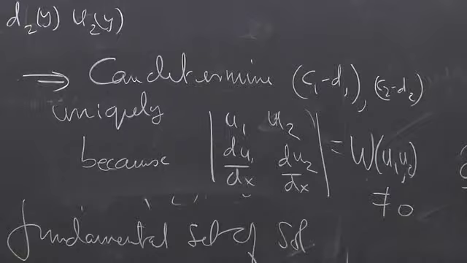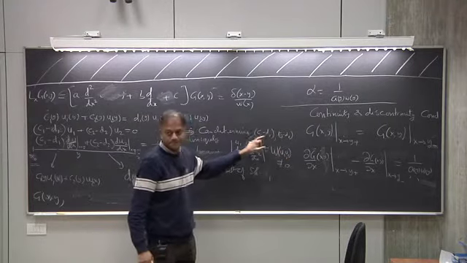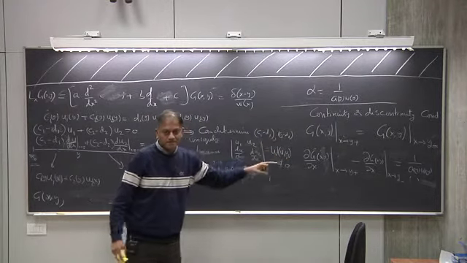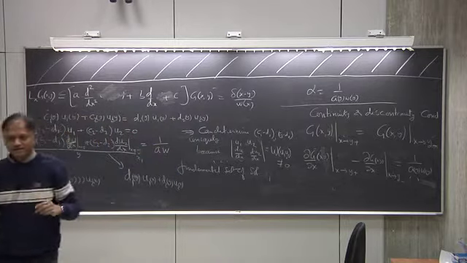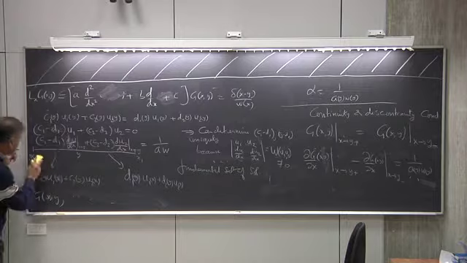So a solution uniquely exists. Okay. So far we have used both of these equations and determined these two combinations, but we still need to impose the boundary conditions. So let's now look at the boundary conditions.